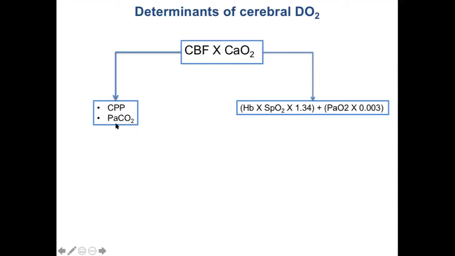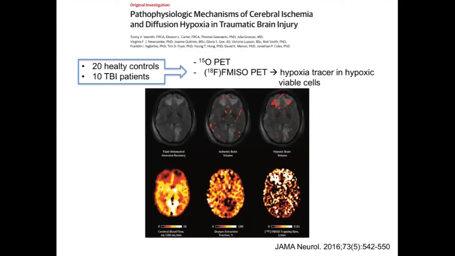PaCO2 is an option as one of the steps that is suggested, but mostly and classically it is CPP. Oxygen content is dependent on hemoglobin, its saturation, a constant linking oxygen and hemoglobin, and also PaO2. But this seems to be a very little contributor to oxygen delivery. So to date, it's still a bit unclear what the best strategy is to treat regional hypoxia, and probably this strategy should be individualized.